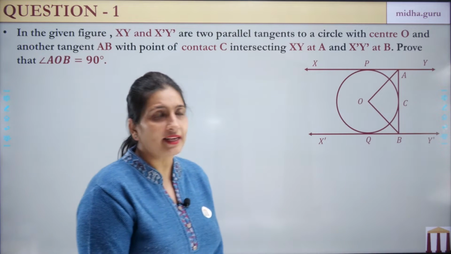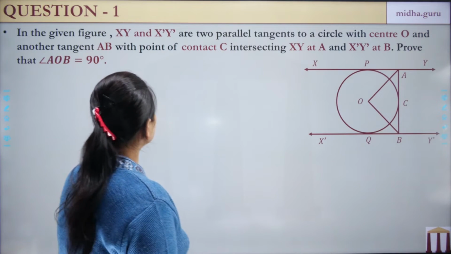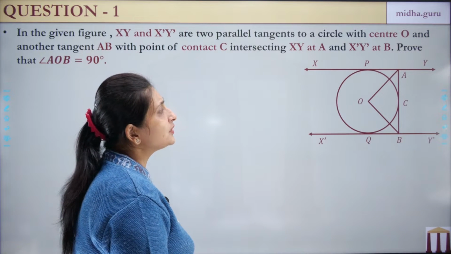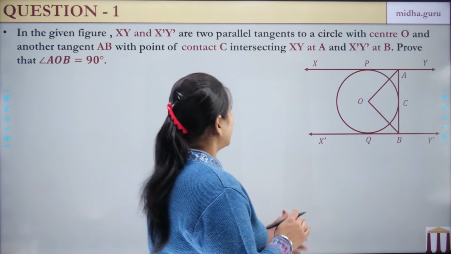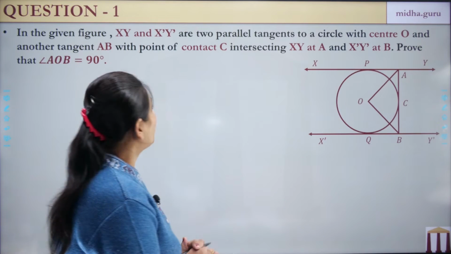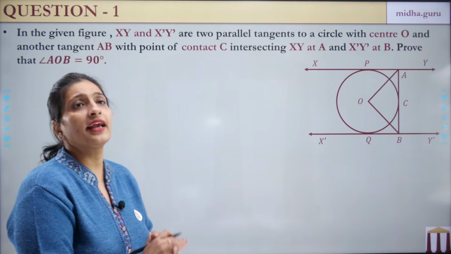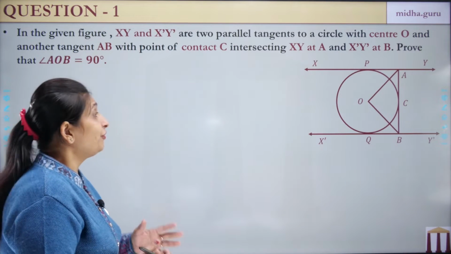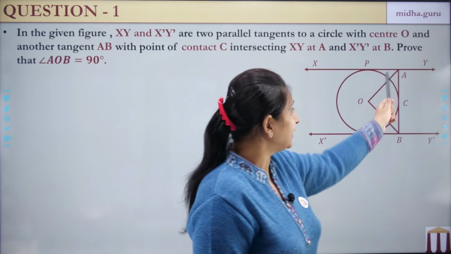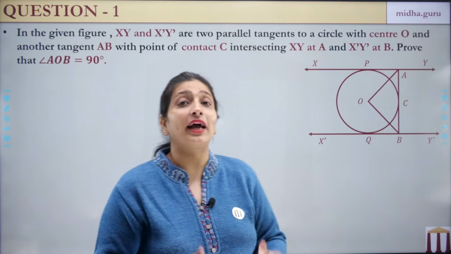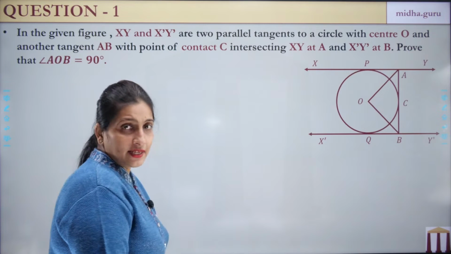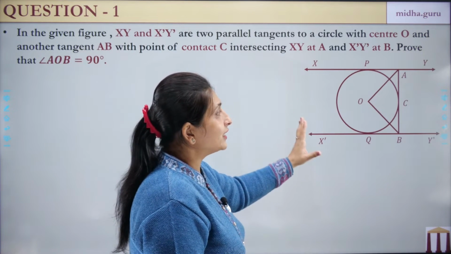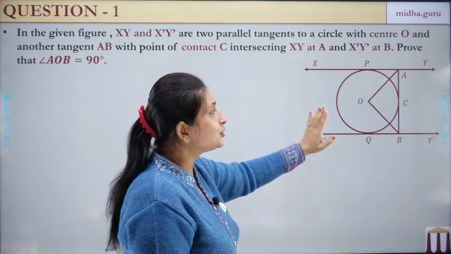The first question says, in the given figure, XY and X'Y' are two parallel tangents to a circle with center O, and another tangent AB with point of contact C intersects XY at A and X'Y' at B. We have to prove that angle AOB is equal to 90 degrees. So XY and X'Y' are two parallel tangents to the circle.